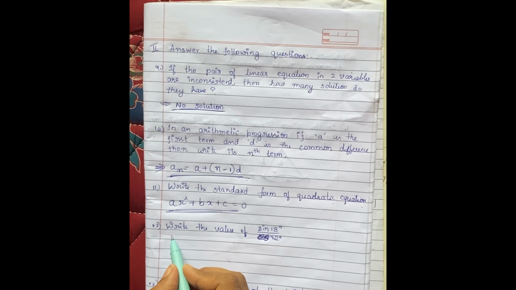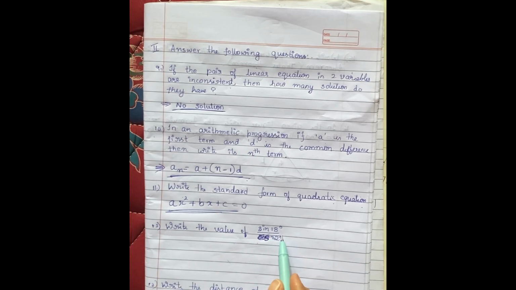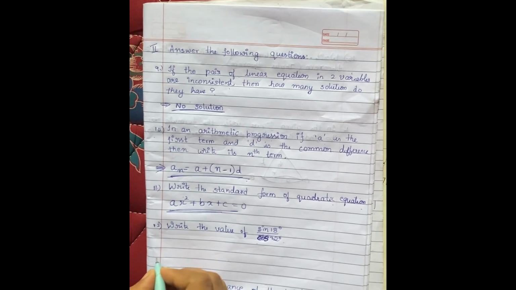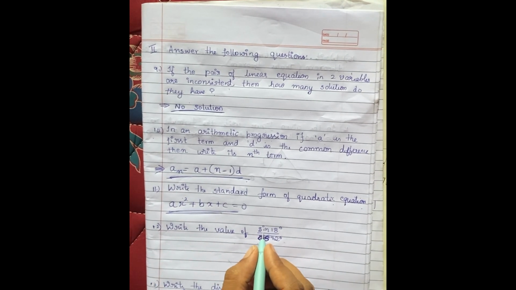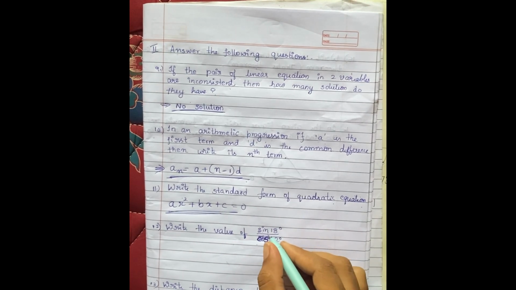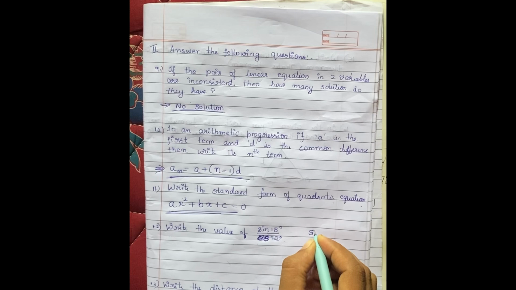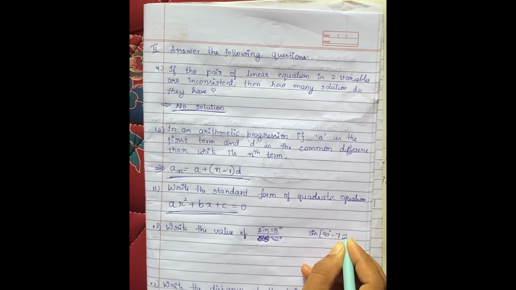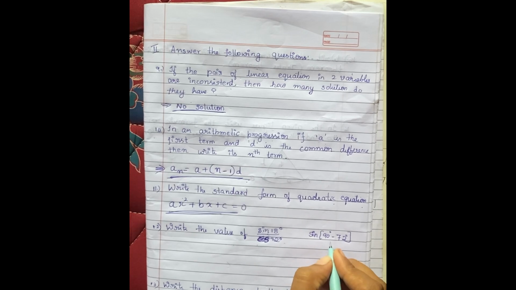Next will be write the value of sine 18 divided by cos 72. So how do we write the answer for this? We write sine 18 as sine 90 minus 72 degree, since 90 minus 72 gives 18.